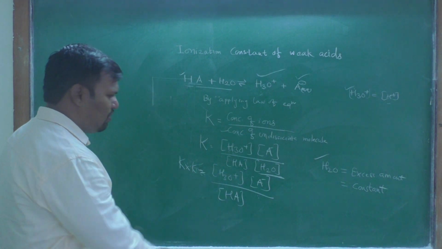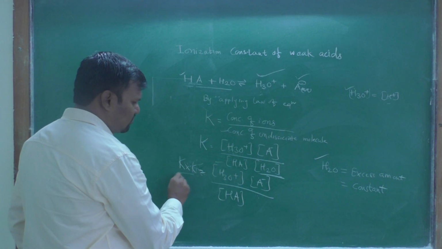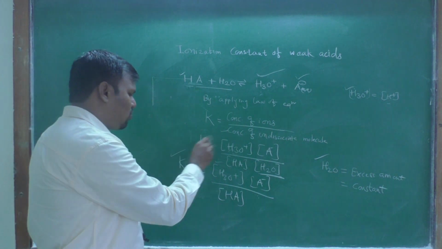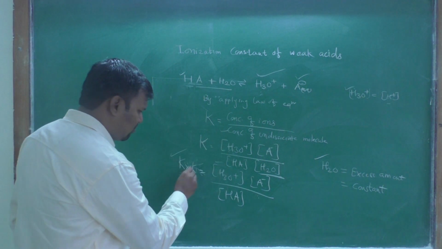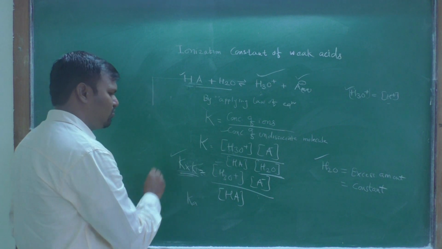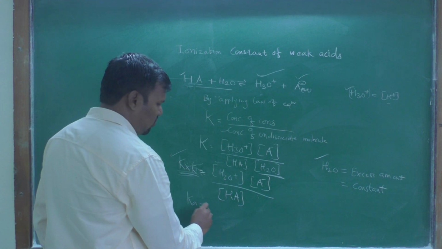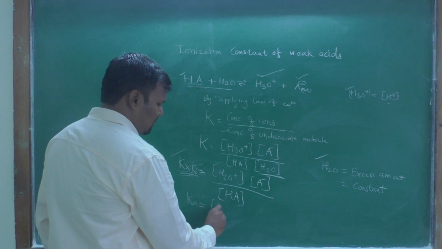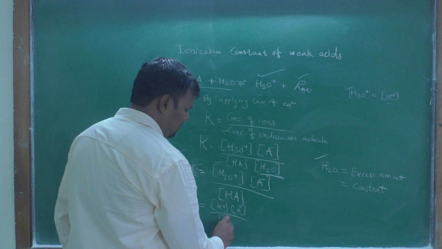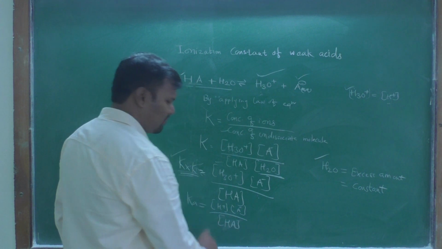By replacing the value, we obtain a new constant, so small k into K is equal to Ka, the new constant. Therefore Ka is H plus and A minus upon HA.